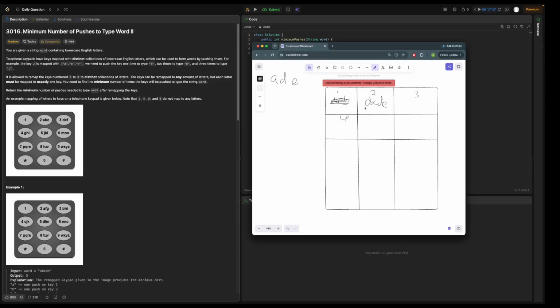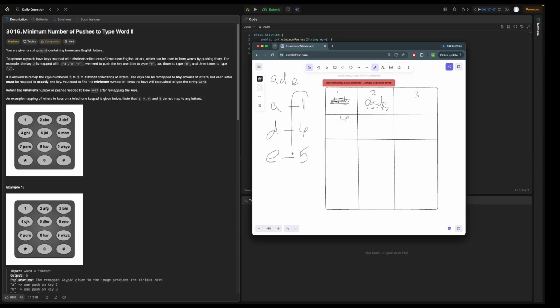Is this the fastest way, you guys think? Let's find out. If I have A, I need to press it once, right? D, I have to press it 1, 2, 3. Okay, one second. 2 is mapped with ABC. We need to push the key one time to type A. So think of it as 1, 2, 3, 4, and 5. If A I have to press once, D I have to press 4 times, and E I have to press 5 times.